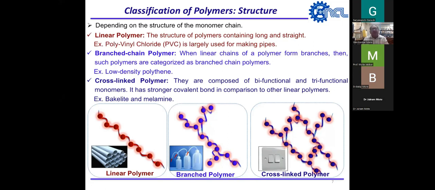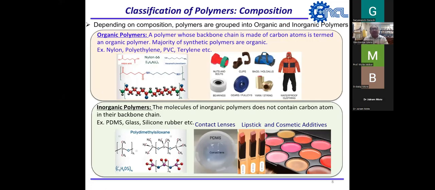Another class of polymers is based on composition. Like organic and inorganic chemistry, here the concept is similar. In organic polymers, the polymer backbone chain is made from carbon atoms. The majority of synthetic polymers are organic polymers, for example nylon, polyethylene, polyvinyl chloride, terylene, and many more. Here you can see the daily use applications of these organic polymers.